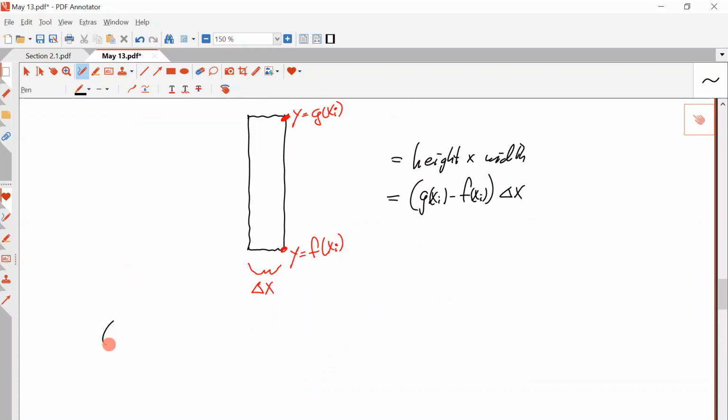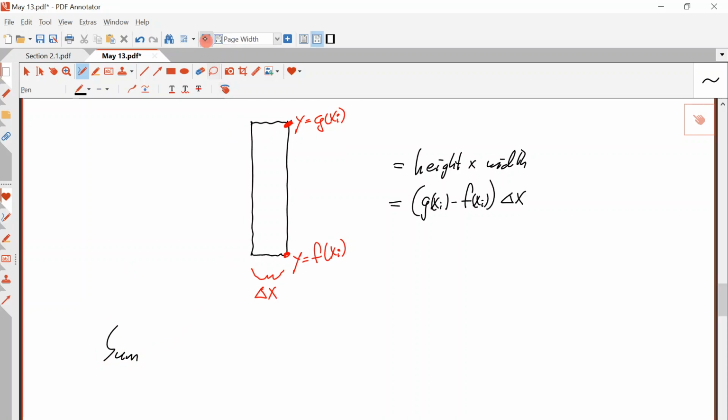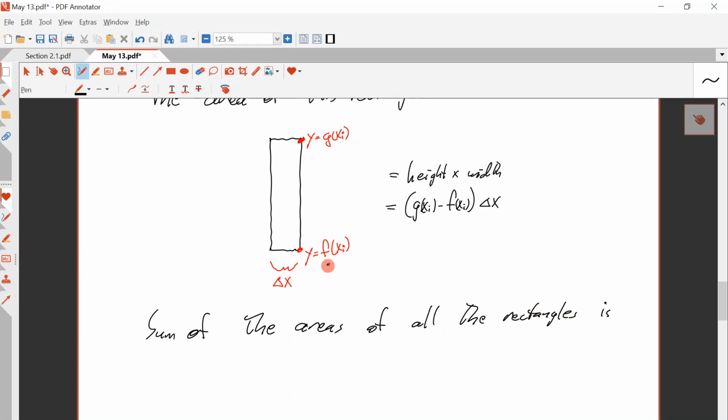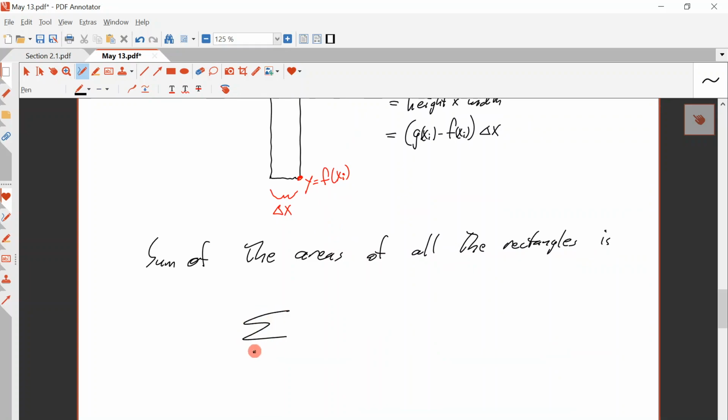All right, so the sum of the areas of all the rectangles is the sum, i equals 1 to n, of g of xi minus f of xi, times delta x.